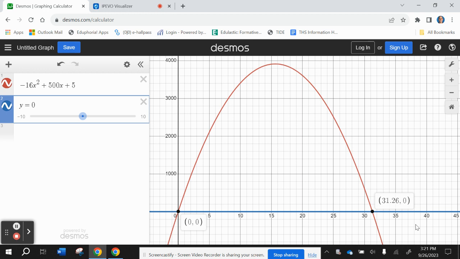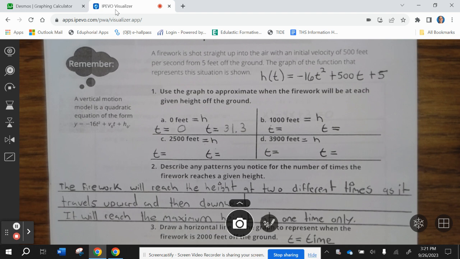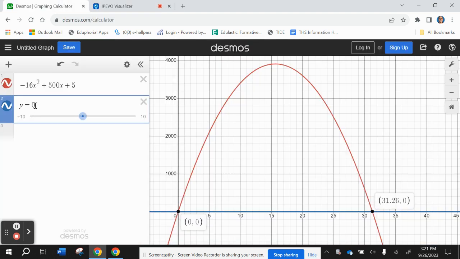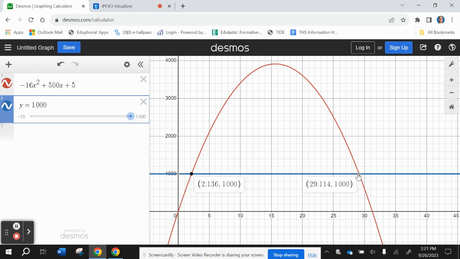Actually, 31.3. Now we're going to graph 1,000. So I'm going to change this to 1,000. And then my values are 2.1 and 29.1.